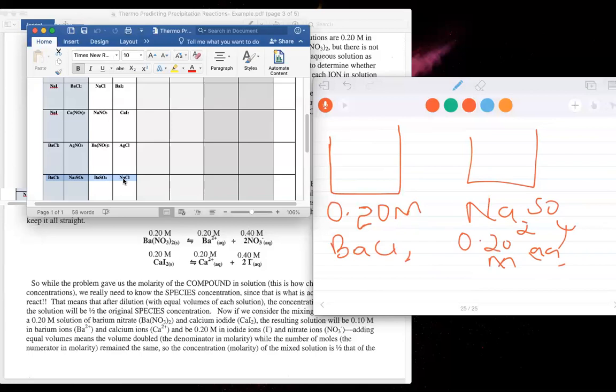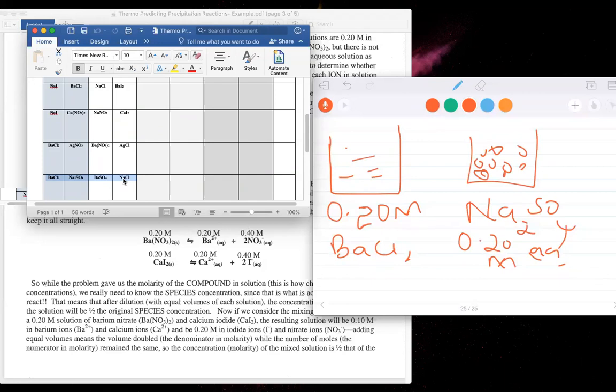And assuming that both of them will form a precipitate. We will assume, look at what I'm going to do when I mix the two.